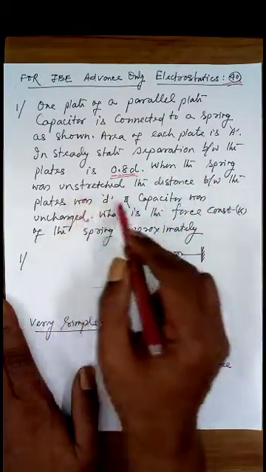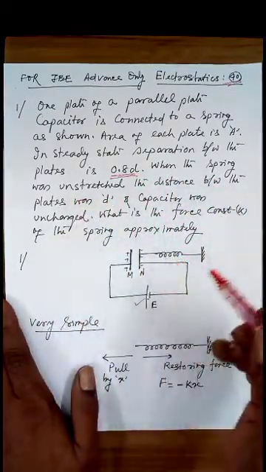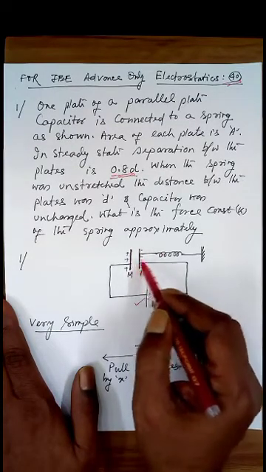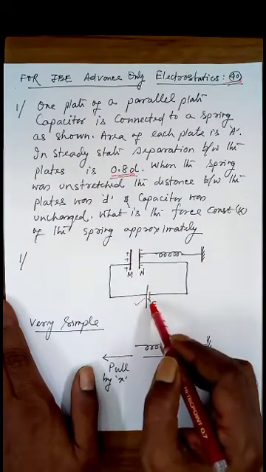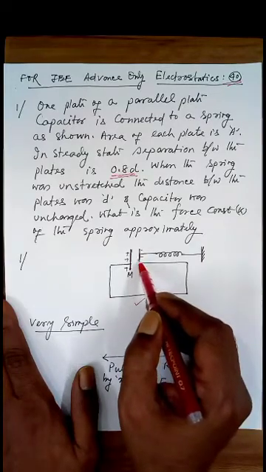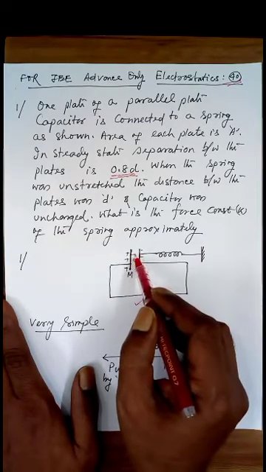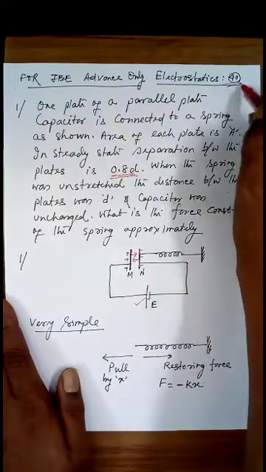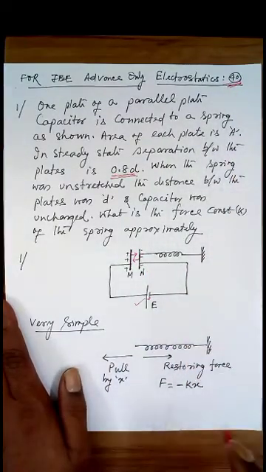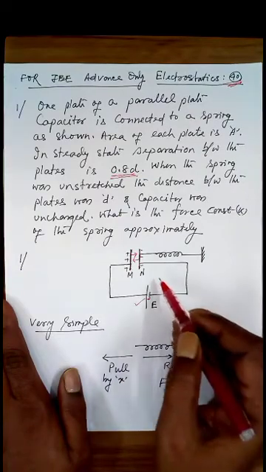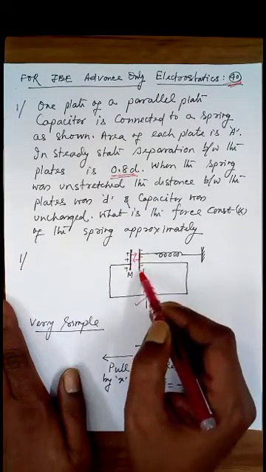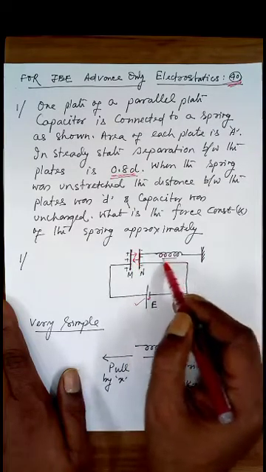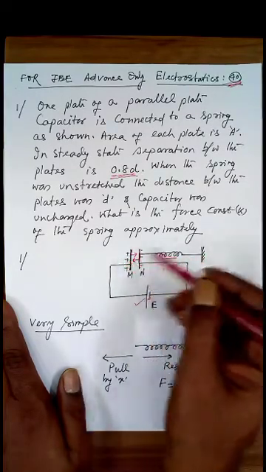When the spring was unstretched, as I have explained before, when the plates are connected to a voltage source V, this plate experiences a force to this side, and this one experiences a force to this side. That force I had derived in electrostatics 39. So this plate will be pulled to this side with a force, and the spring will also be pulled to this side.